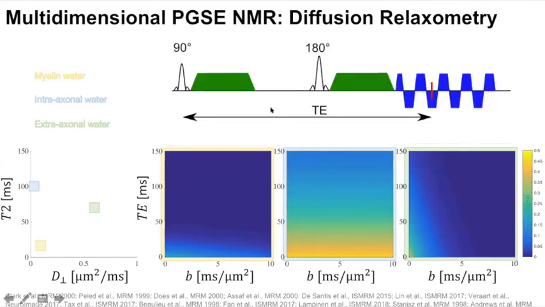So usually the conventional experiment is on a clinical kind of scanner. If you want to achieve high B values, you have to leave the gradients on for quite a bit of time, and you are approximately able to sample this space. The lowest echo time you can achieve is already pretty high, so you don't pick up any myelin signal. You pick up some intra- and extra-axonal signal.